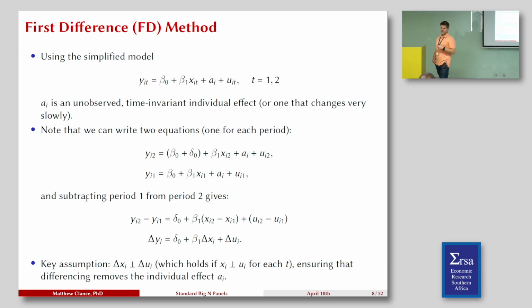So remember that we're assuming that the AI term is in the error term, and it's unobserved, and we're going to assume for now that it is time invariant. Okay.